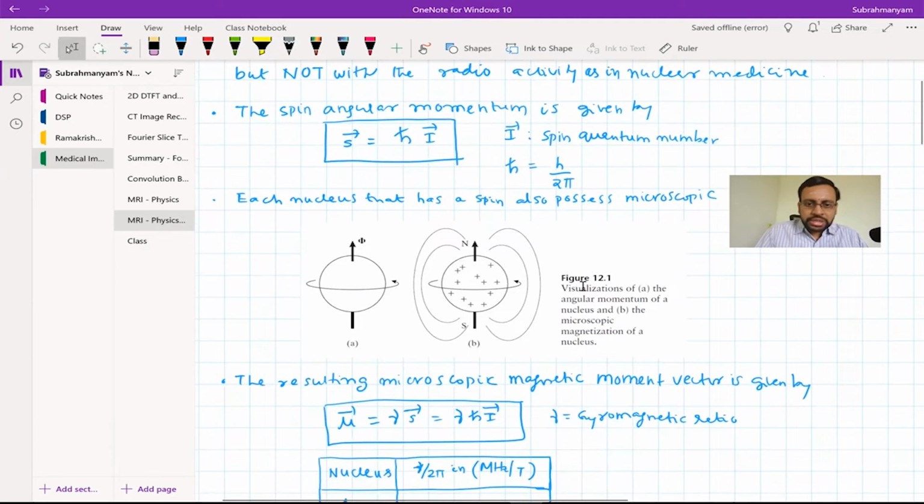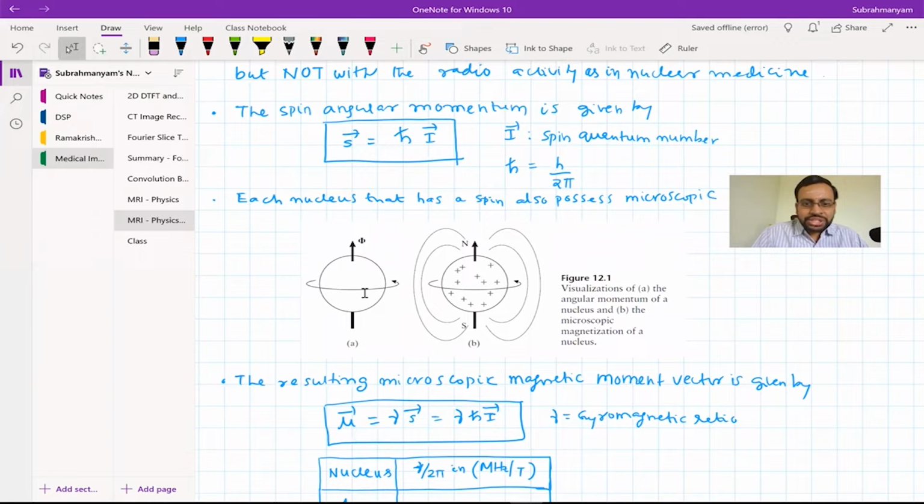So just an illustration here, you have an atom that is now a charged proton or charged nucleus. This is spinning. When this charged atom is spinning, what would happen then? What is the result of it?